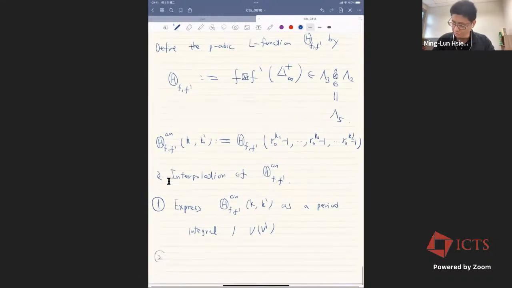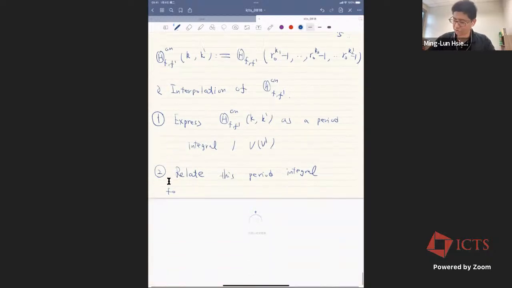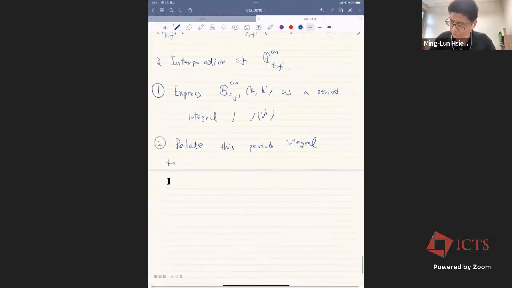And the second step is to relate this period integral to central L values.